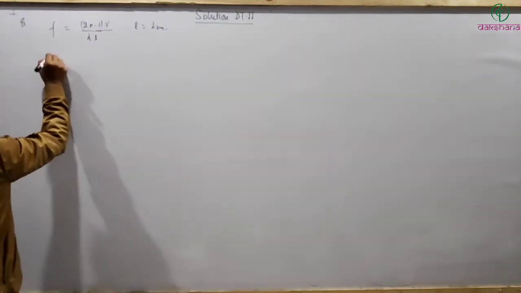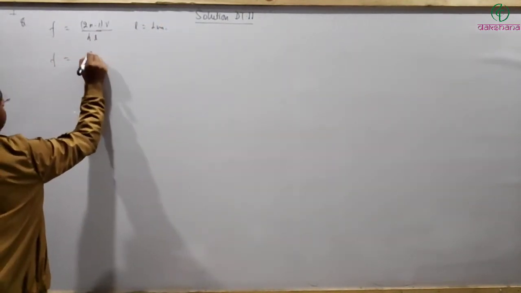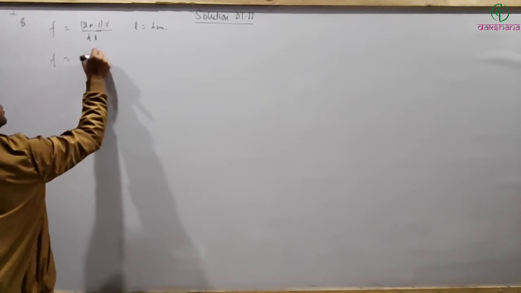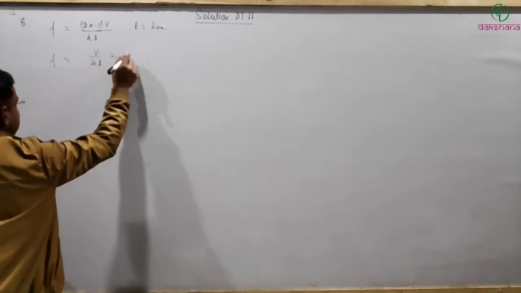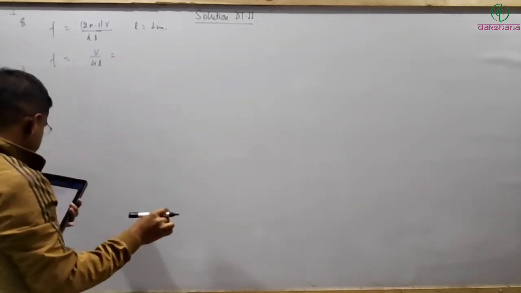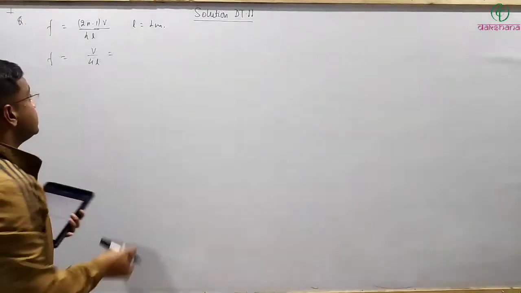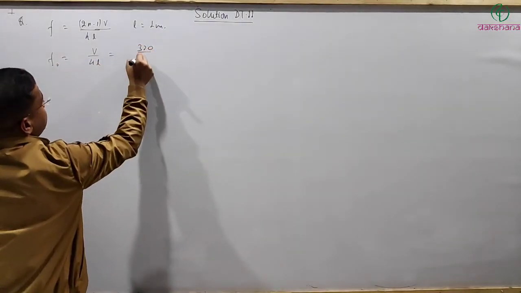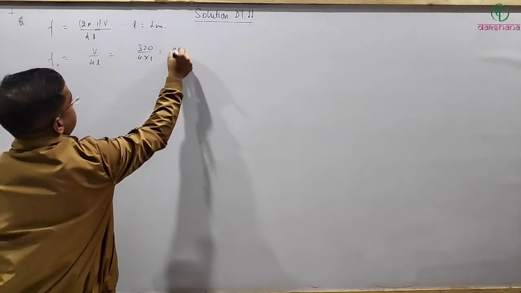So the fundamental frequency will be V by 4L, and the speed of sound is given as 320. So the fundamental frequency will be 320 divided by 4 into L, which is 1, that is 80 hertz.